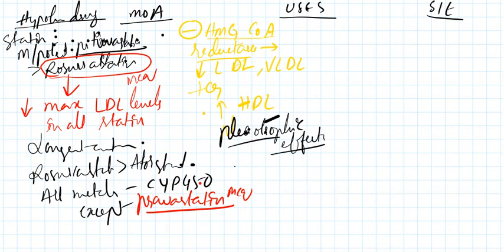Pleiotropic effects are the beneficial effects which they provide besides their actual functionality, a sidewise, parallel functionality, with minimal actions but still beneficial.